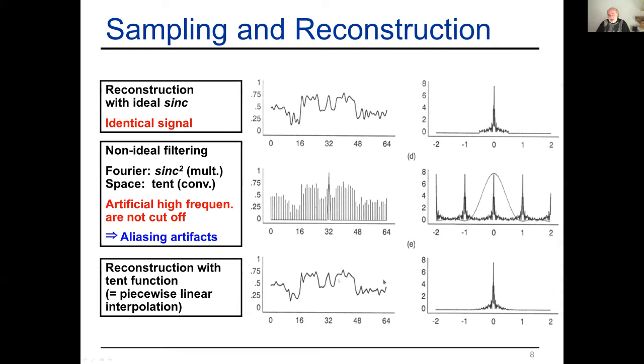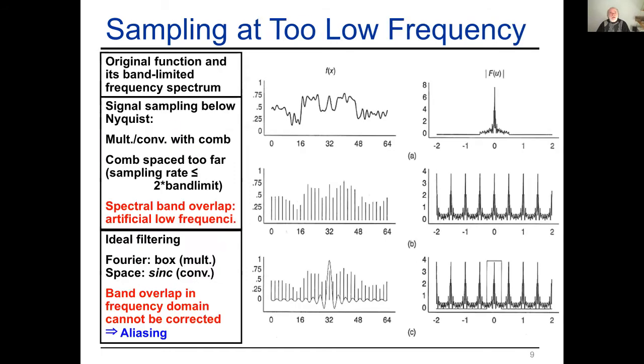So we will see aliasing artifacts. We will see high frequencies of copies of these. So we will see high frequencies that show up as low frequencies. And this is shown here. This is kind of an extreme case.